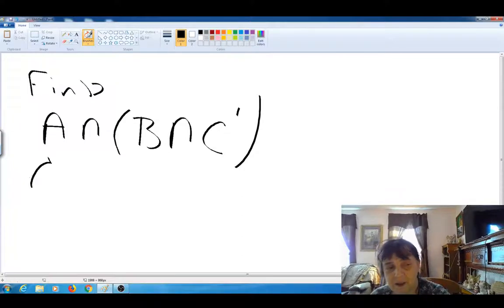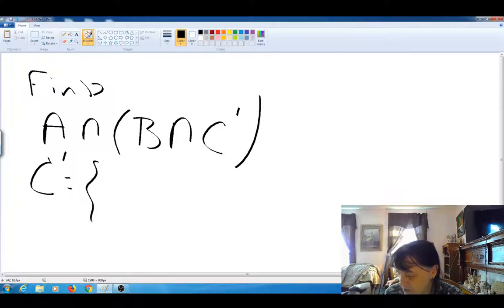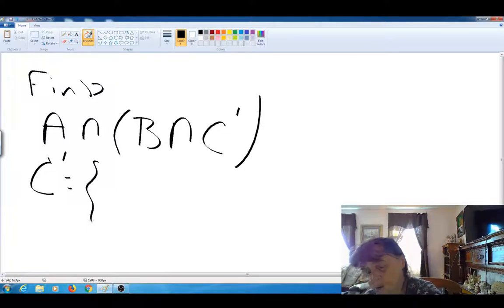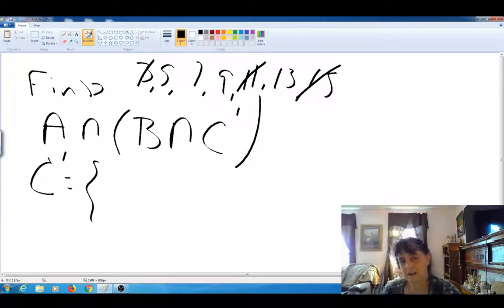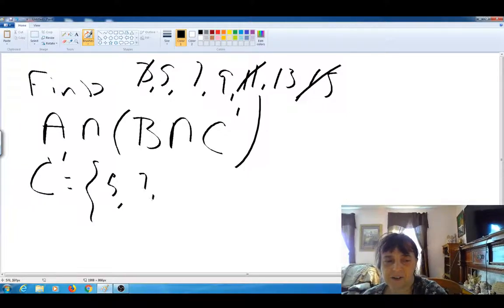C prime, you take all the elements of C out of U. If you eliminate 3, 11, 15 from U, where U is 3, 5, 7, 9, 11, 13, 15, C prime is 5, 7, 9, 13.